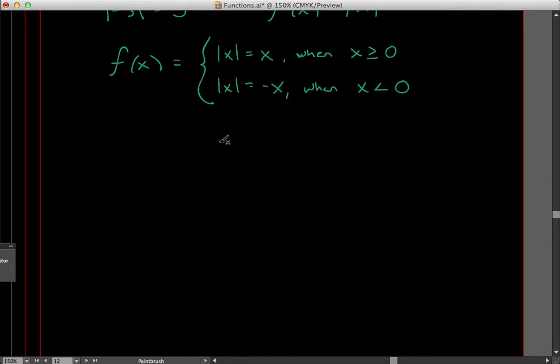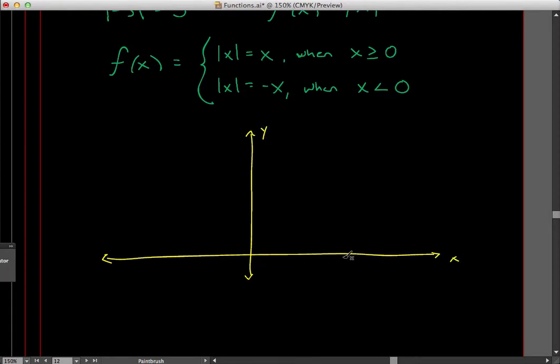So I'm going to grab a different color here. And let's draw some axes. A y-axis, an x-axis. Okay. So here's our origin. When x is greater than 0, the function behaves like the function just x, y equals x.